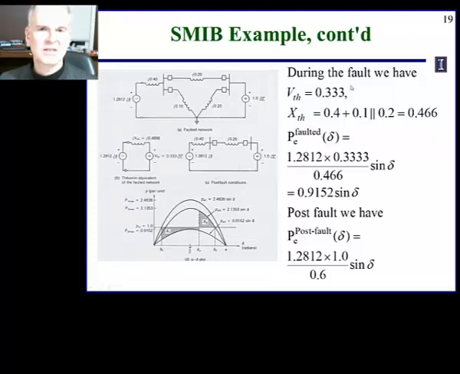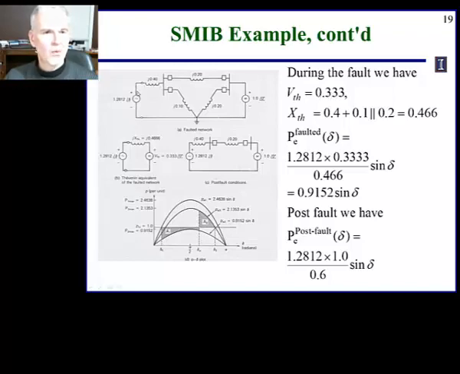And what we see is that during the fault, if we're at our machine looking out into the network, it no longer looks like this voltage is solidly grounded. Rather, we've got a voltage divider here where we've got 2/3 of the impedance here, 1/3 here, our Thevenin infinite bus voltage. This voltage at this point during the fault looks like a third of per unit volt. So V Thevenin during the fault is 0.33.